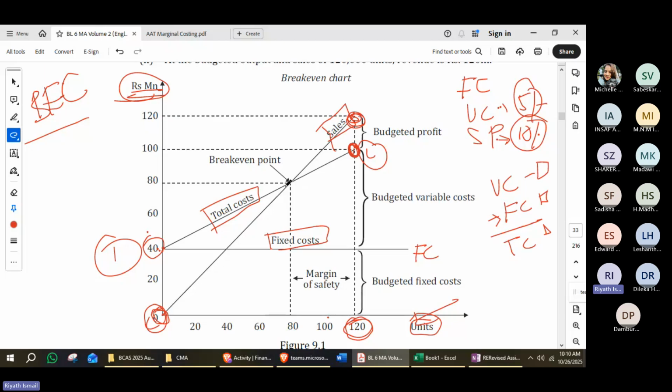Now, when we draw this line, these two lines intersect at a point. This point is called the break-even point. So 80 million here, when we take this line, this is 80 million. It's the break-even sales. Break-even point sales. This is break-even units.